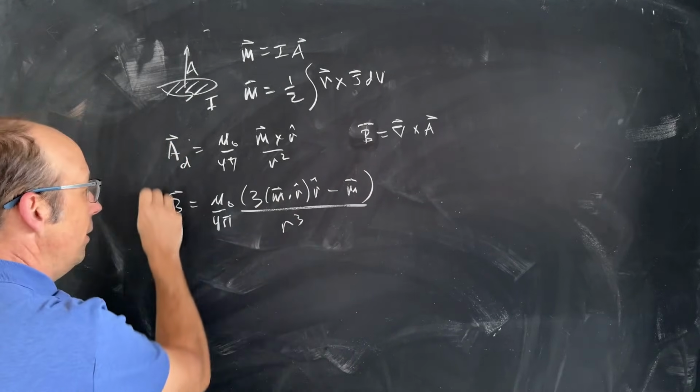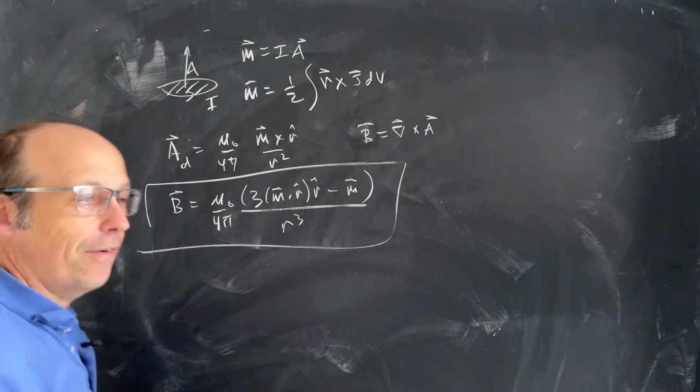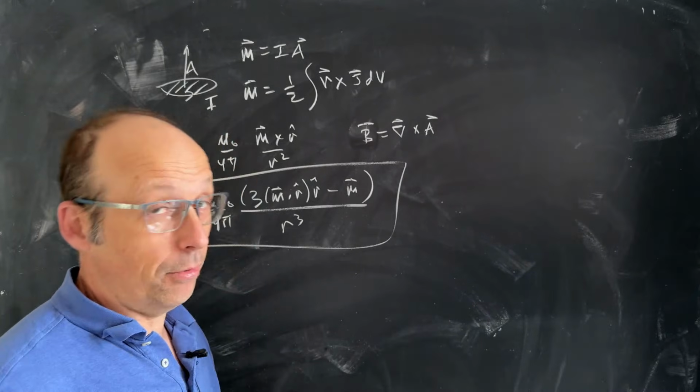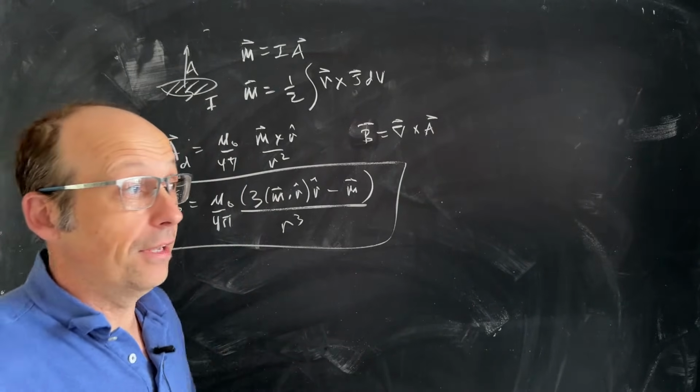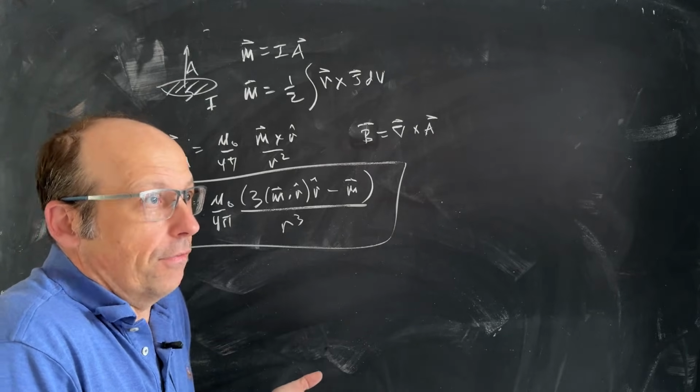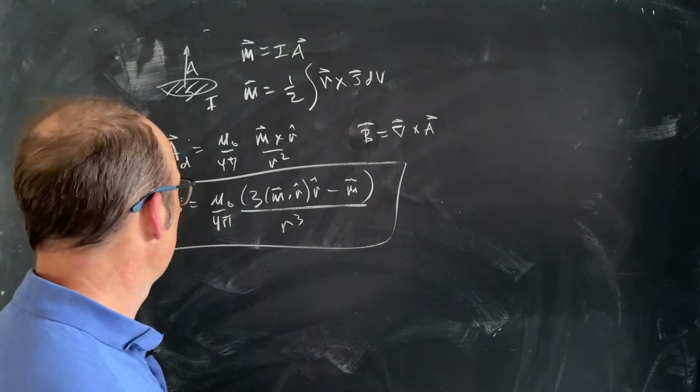How to remember that one? Because it's the same form as the electric dipole field, except we're dealing with magnetic dipole moments instead of electric dipole moments. That's what's so great. The mathematics and the shape of these fields are the same.